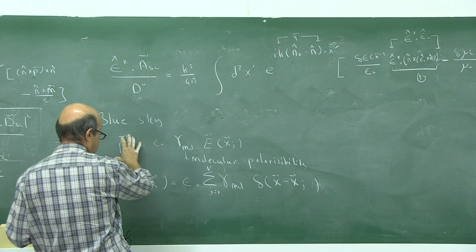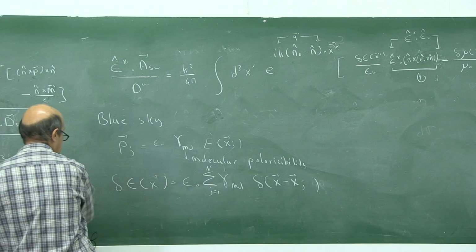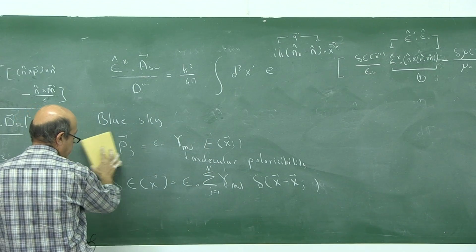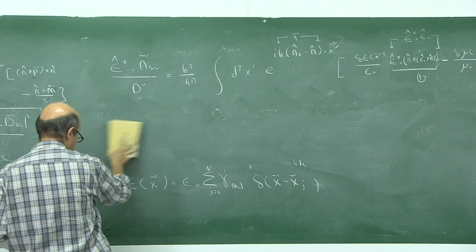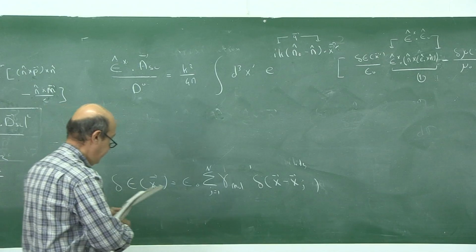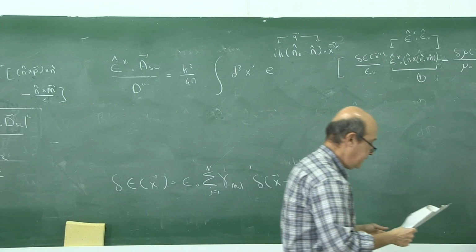So the relation between the electric dipole moment and the external electric field is nothing but the variation in the dielectric constant.